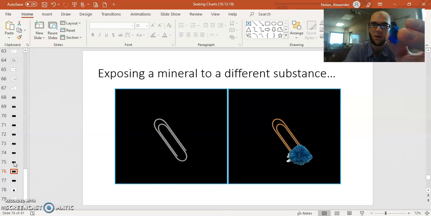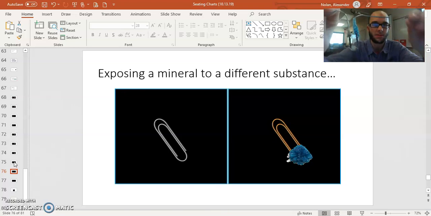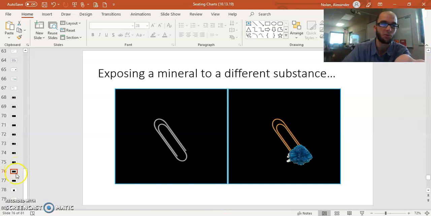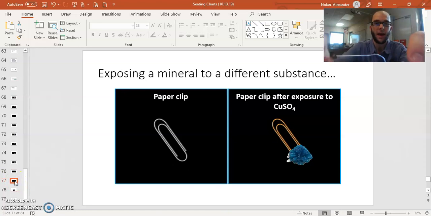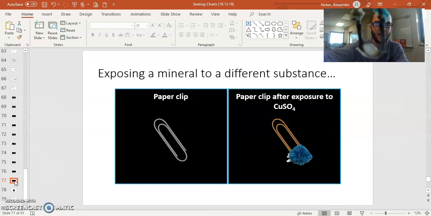So this really nice example was made using a pipe cleaner, but this one right here was actually made using a paper clip. And one thing that we observed here is that not only does the copper in copper sulfate give us blue crystals, but after we exposed the paper clip to the copper sulfate, we got this brownish color on the paper clip. If you look really closely at the paper clip right there, you notice it has this blackish brown color.